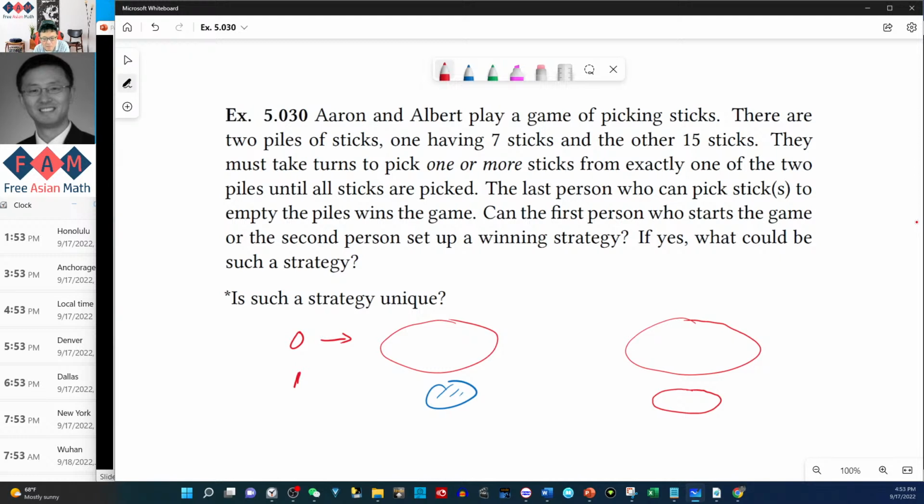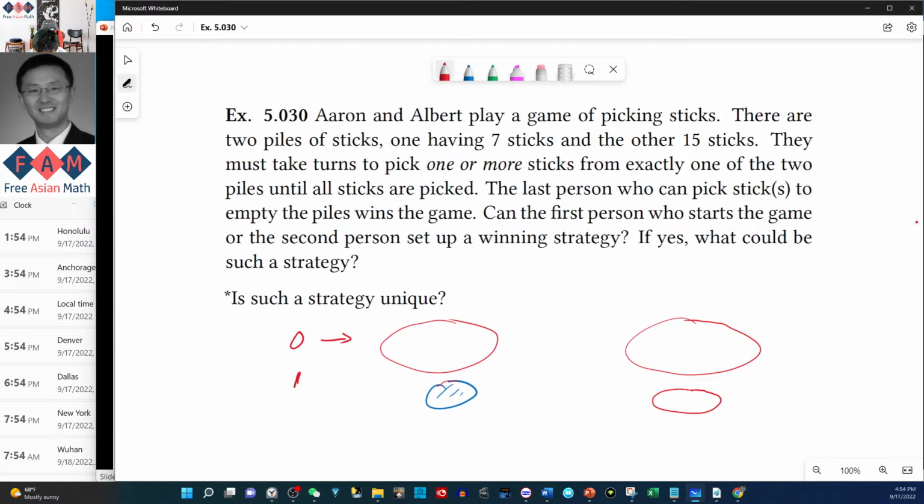It doesn't matter how many sticks, because this guy can take any number as long as it's at least 1. So for example, if this is 2, 0, this guy will pick up everything from this pile. So at this point he will indeed win, so when he last picks, he will face exactly this situation. Nothing else can give him a win.